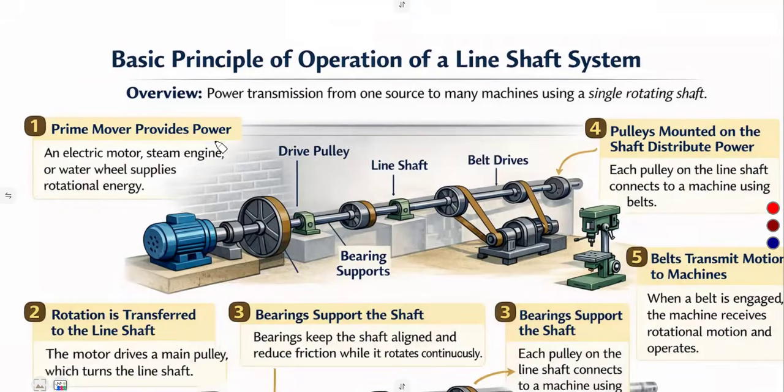The basic principle of operation of a line shaft is based on the components which we had before. A prime motor provides power. So the motor is for power. Remember, we said the line shaft is driven by a motor, so it provides power.